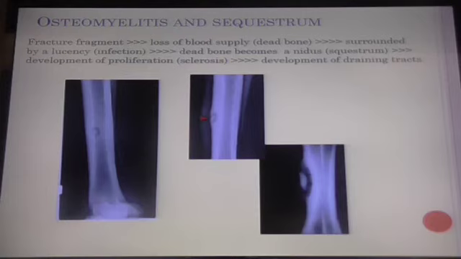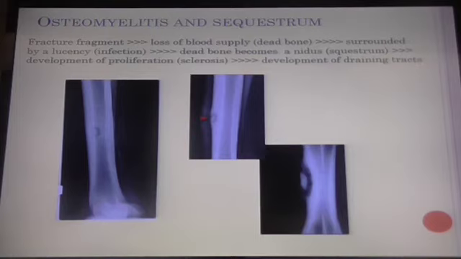Question. Okay, osteomyelitis is sequestrum formation, because the cannon bone has such a thick cortical surface, and people call them marching fractures or march fractures. When there is a fracture fragment and there's not very much blood supply because of the large cortical bone, it's fine to be resorbed if it doesn't get infected.